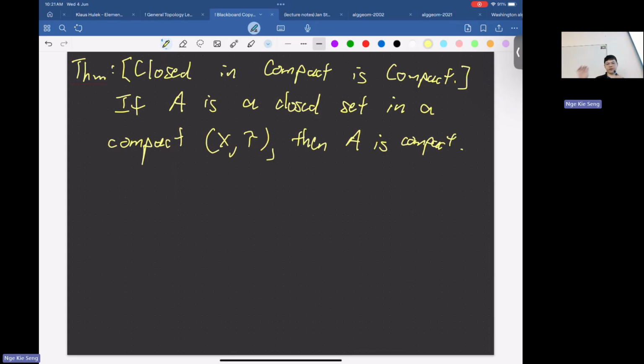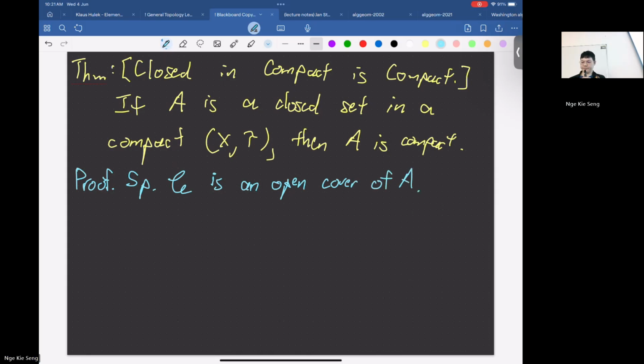So you need to show this for every open cover, so just start from an arbitrary one. Proof. Suppose that C is an open cover for A. We want to find a finite subcover for A.